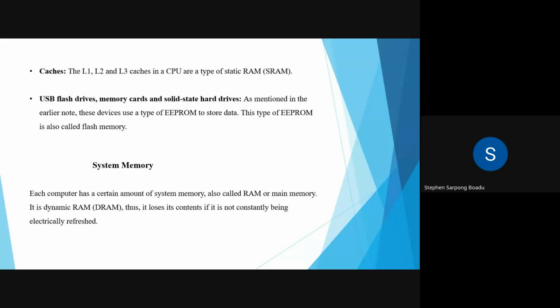That is why if you are working on a Word file or a PPT and you don't save it, and then there's a power outage and your PC goes off, when you come back, you might not have that same thing you were working on because you didn't save it. It was on the RAM, you were keeping it temporarily. But if you had saved it, it would have moved to the ROM, which would have been permanent, right? So that is the system memory.